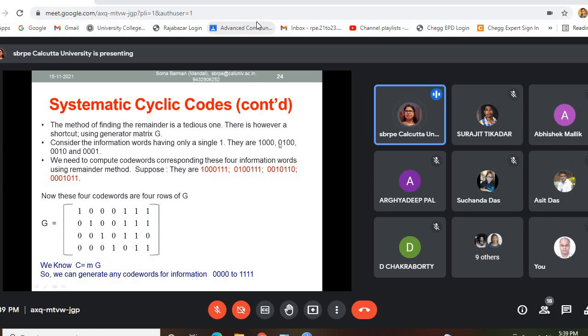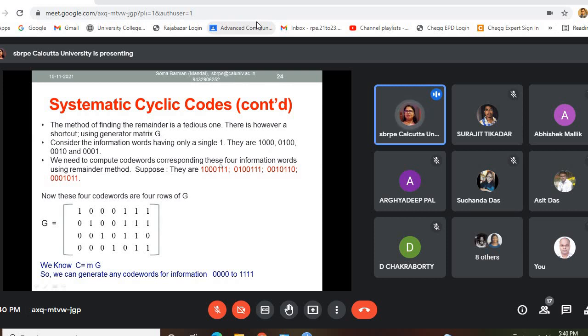So for these 4 message words, you have to find the code word polynomial by the division method. Instead of 16 divisions, we are considering only 4 divisions, and for these we find the remainder and form the code word.